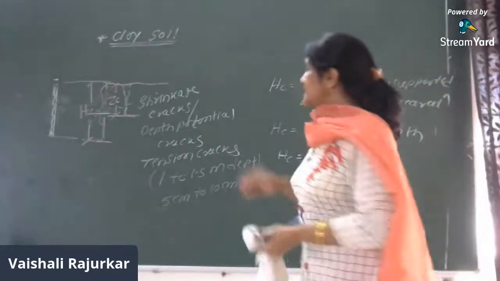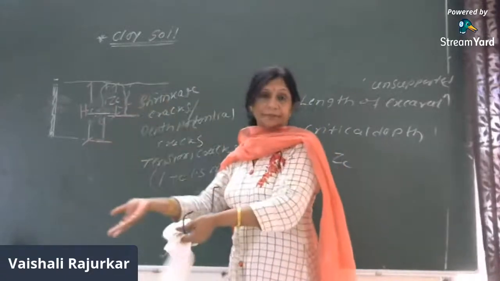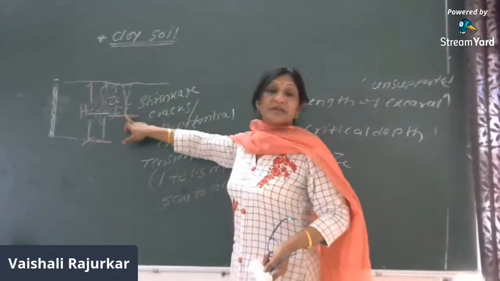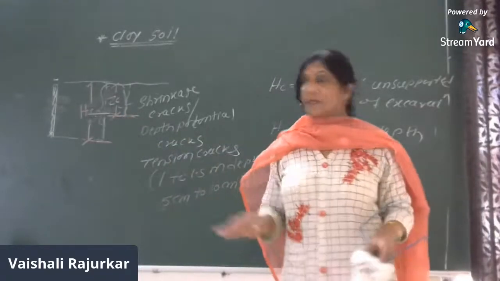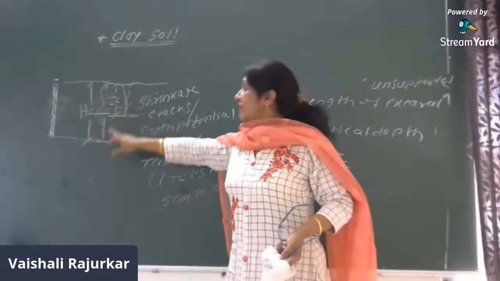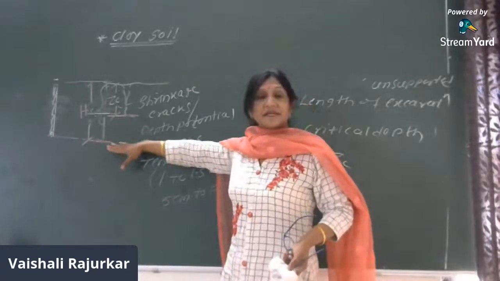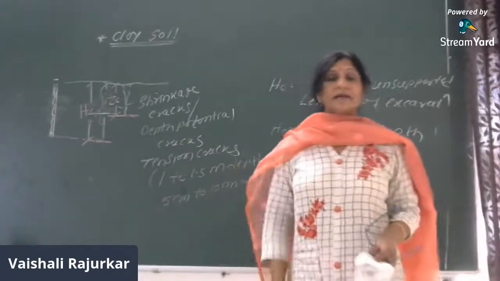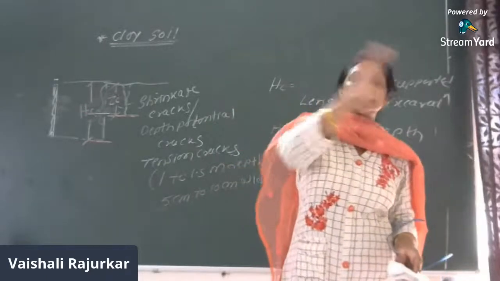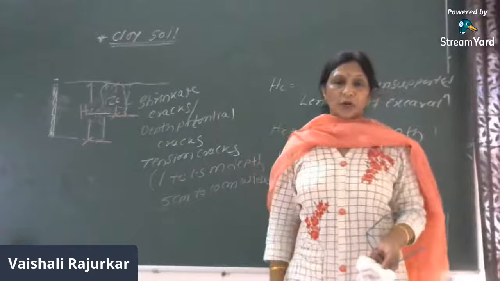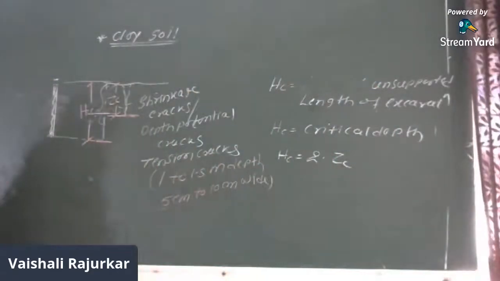Up to the depth ZC, the soil will not exert any pressure on the wall; it can stand unsupported. When the excavation reaches HC, after that we have to provide lateral support, because from that depth the soil exerts pressure over the wall. So in this case we will now see the derivation for the cohesive soil.